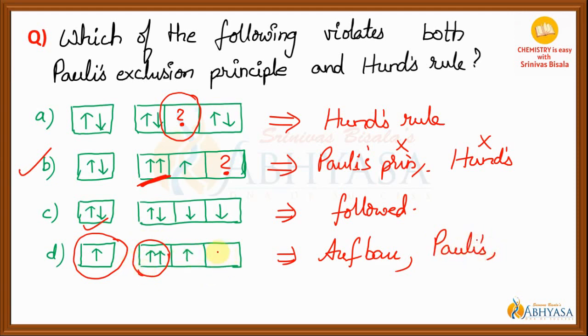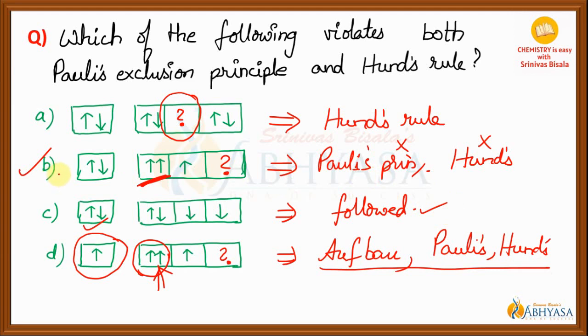And again see here, there is a vacant orbital here. Pairing of electrons took place here without filling this particular orbital. Means Hund's rule is not followed. So in this particular option, all the three rules are not followed, and in the C option, all the rules are followed. Anyhow, for this particular question, our answer is option B.